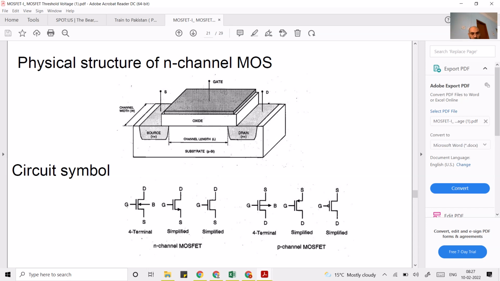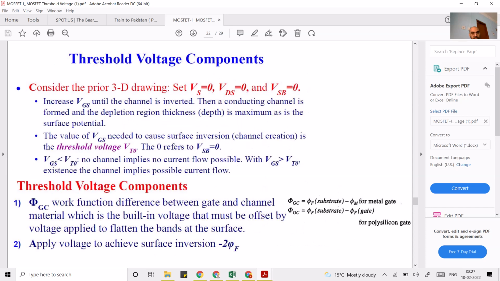So if it is NMOS, the substrate will be P. If it is a PMOS, the substrate will be N. You grow oxide here at the top. How this is done, we will see in the next unit when we cover fabrication. And then over that you fabricate a polysilicon or a metal gate, and then you form the connection. So this is what the structure of an N-channel MOSFET looks like.